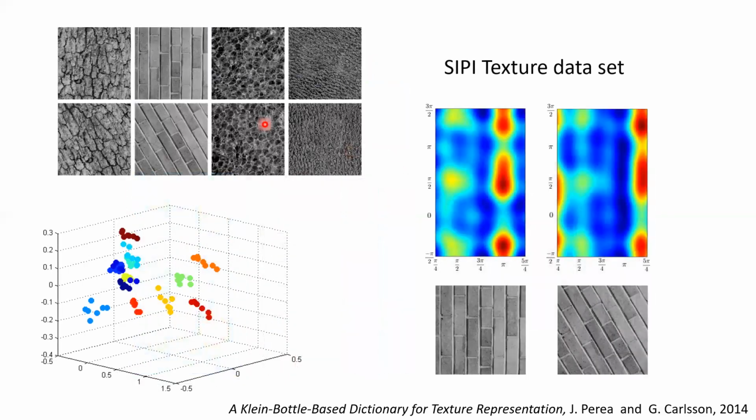So here's a data set of different textures at different rotations. And what I'm showing you here at the bottom left with different colors, where each color is a different texture, with different rotations and different conditions, is that using these Fourier coefficients really captures the different textures in this data set.